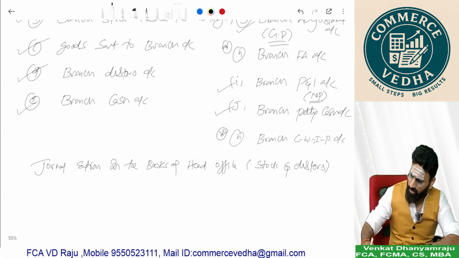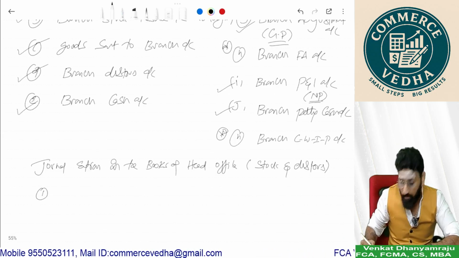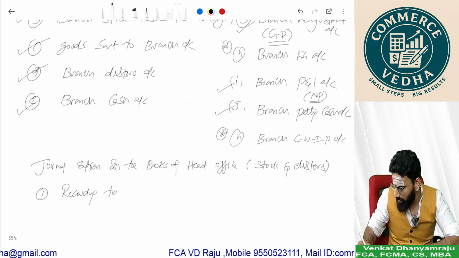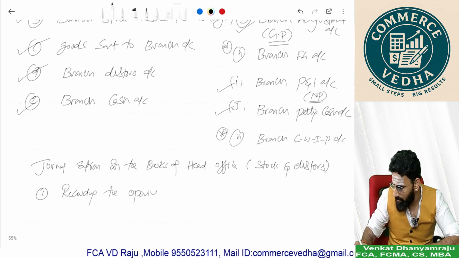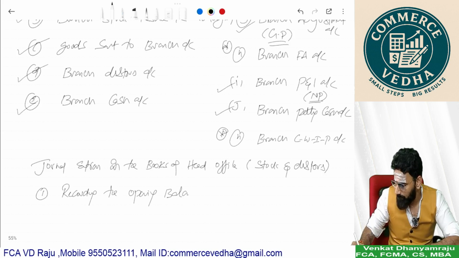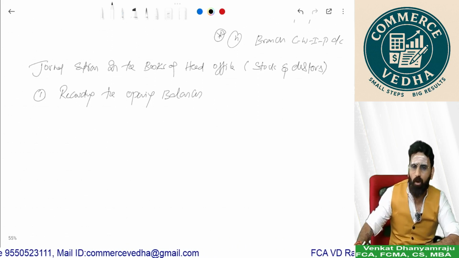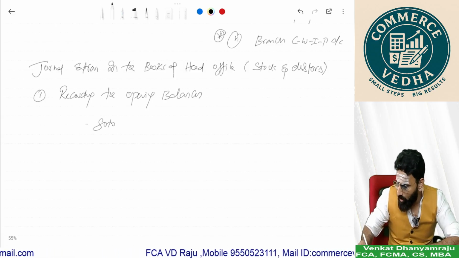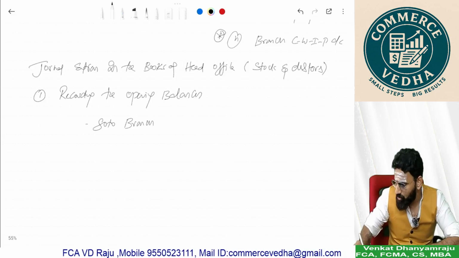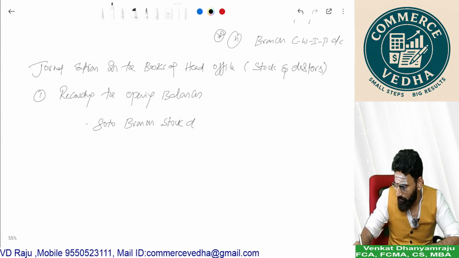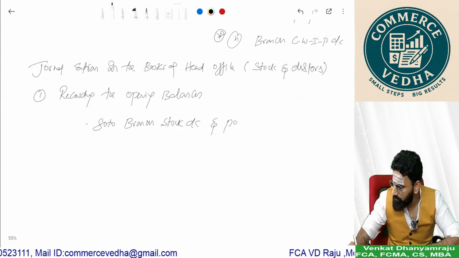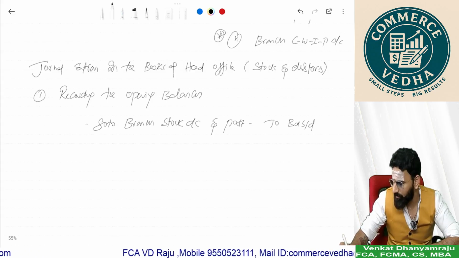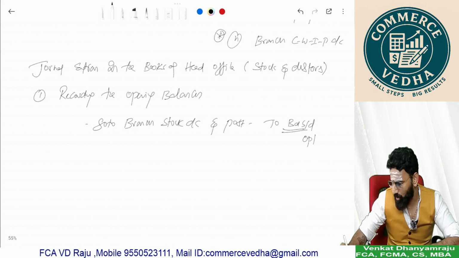So the very first journal entry is recording the opening balances. So here no entry. What you should do? Go to branch stock and post the balance brought down for opening stock.